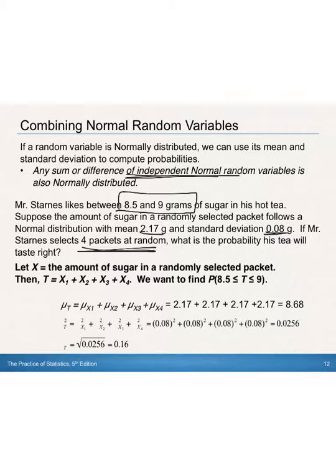So this is pretty straightforward. If the average packet is 2.17, then 4 of them are going to be 2.17 plus 2.17 plus 2.17 plus 2.17. So 4 of them together, we can expect an average of 8.68.